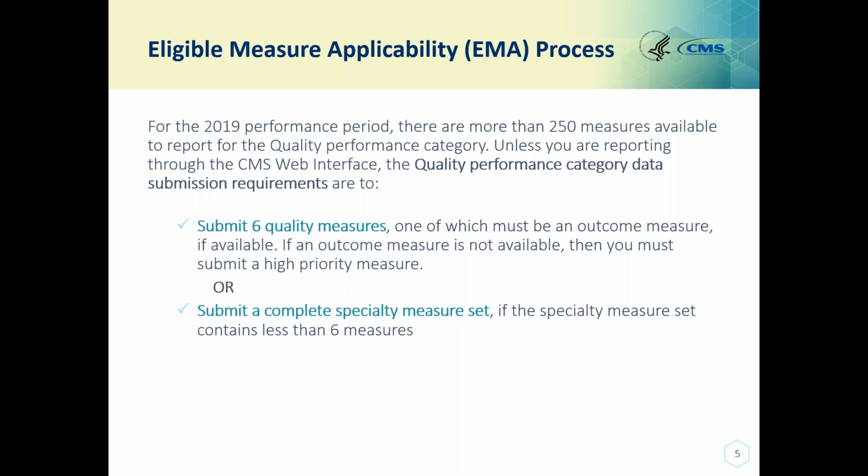I need to also call out that if there is an outcome measure available, then it is also expected. That is not always the case for some of the sets, but with the 6 measures, that is what we have. So unless you're submitting that full set, you have 6 measures and an outcome measure that should be coming in with a submission for the performance period of 2019. Next slide.